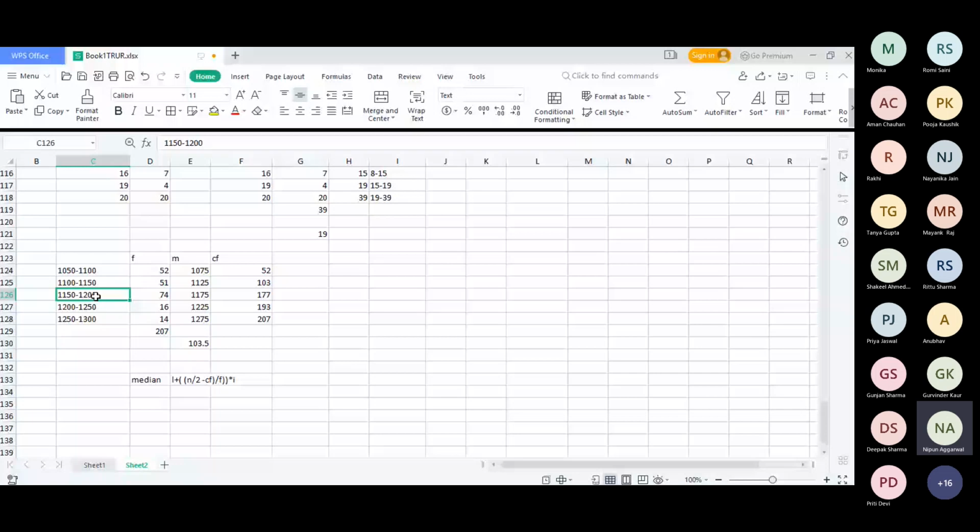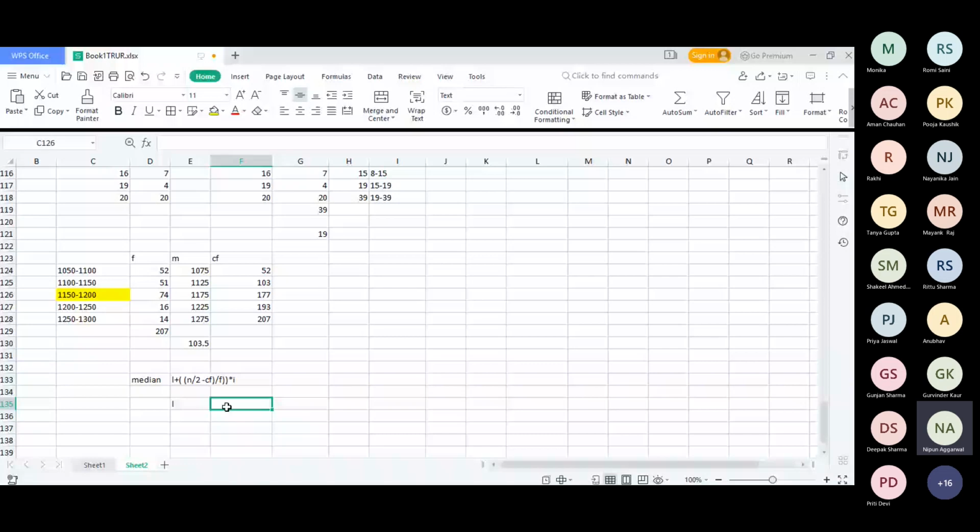So L is the lower limit of the median class, which is 1150. We've already found that 103.5 lies in this 1150 to 1200 class, so this is your median class.